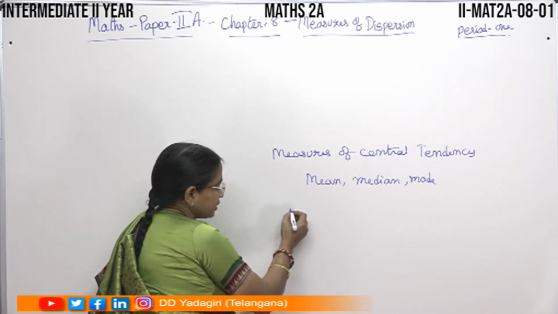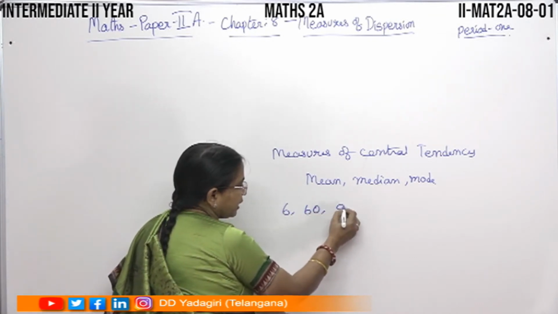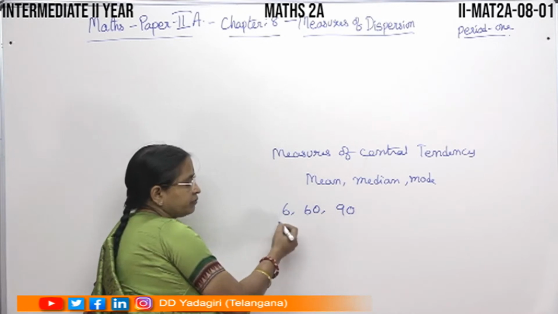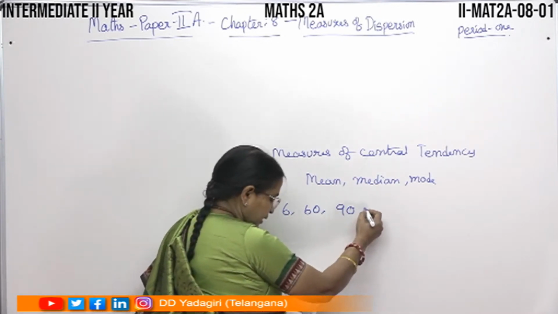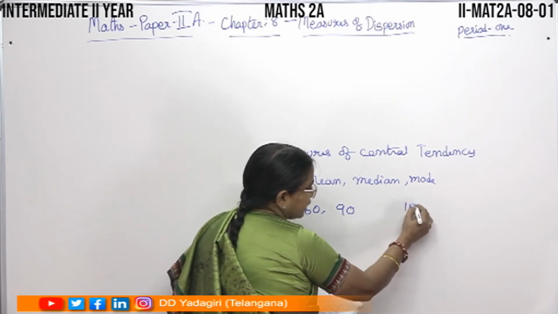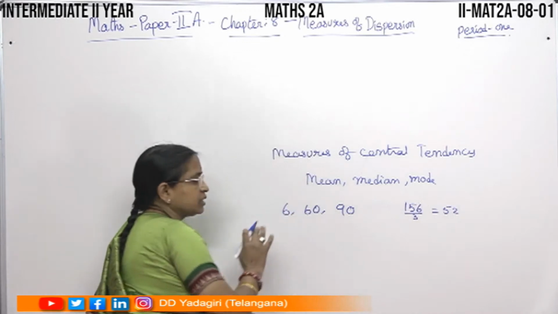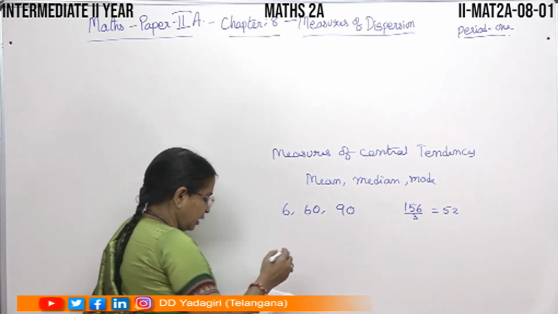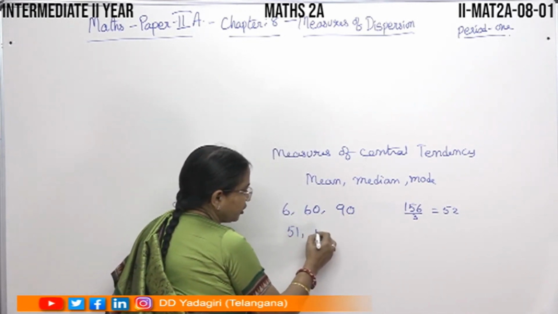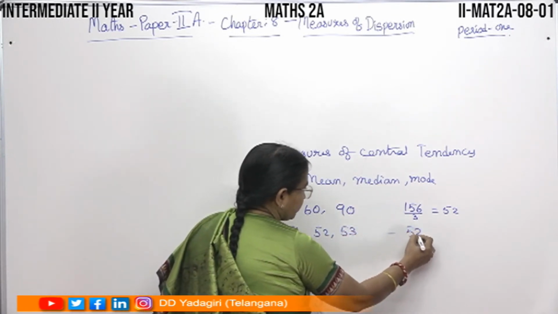Now, for example, suppose I take these numbers 6, 60 and 90. What is the mean of this? 6 plus 60 plus 90 is equal to 156. So the mean is 156 by 3, that is 52. So the mean of these three numbers is 52. And if you take 51, 52, 53, for this also the mean is 52.